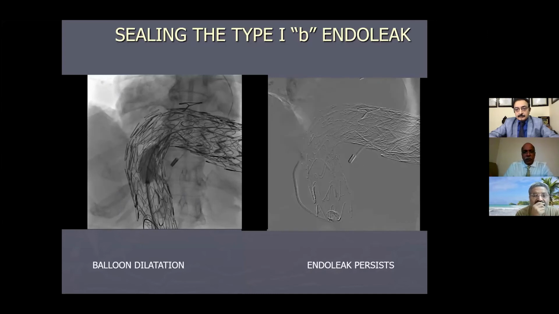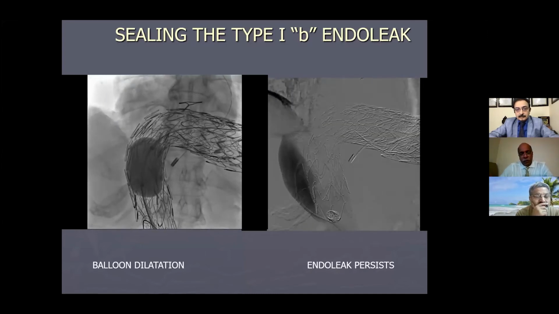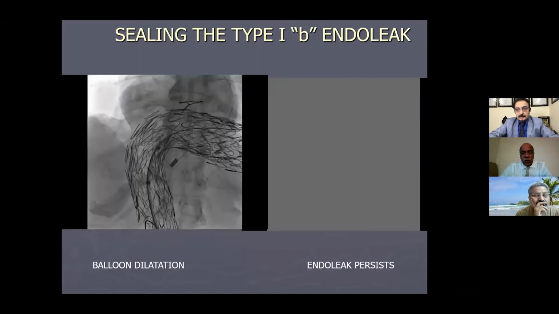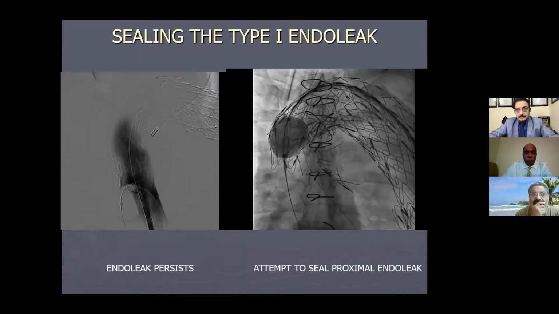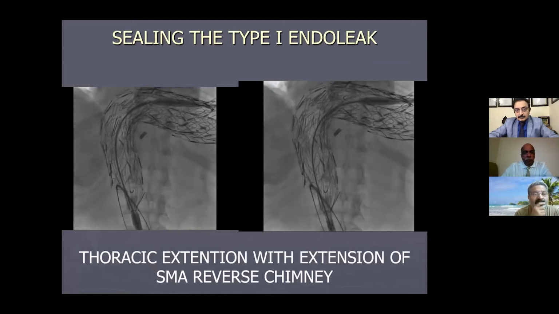So we decided to extend the graft lower down and put another reverse chimney, a little extension into the SMA. Once we did that, and we did the ballooning, we extended it lower down.